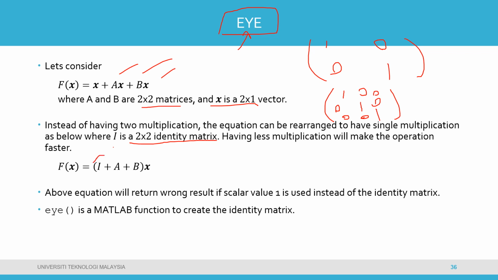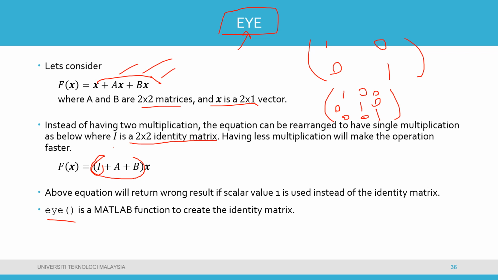So basically you just extract this outside. When it comes to matrices, you have to put the identity matrix. So how to do this? You use I, the variable I.